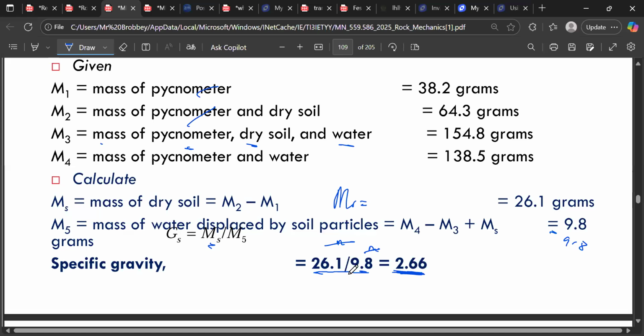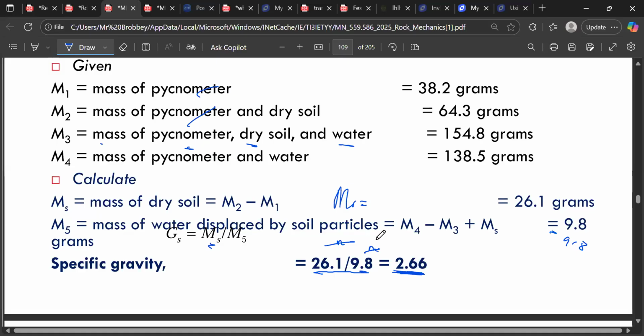Yes, Wisdom. Which one, M3? The mass of the water in M3. Why not M3 minus M2? But he said M4 minus M3, when the pycnometer contains soil plus water.